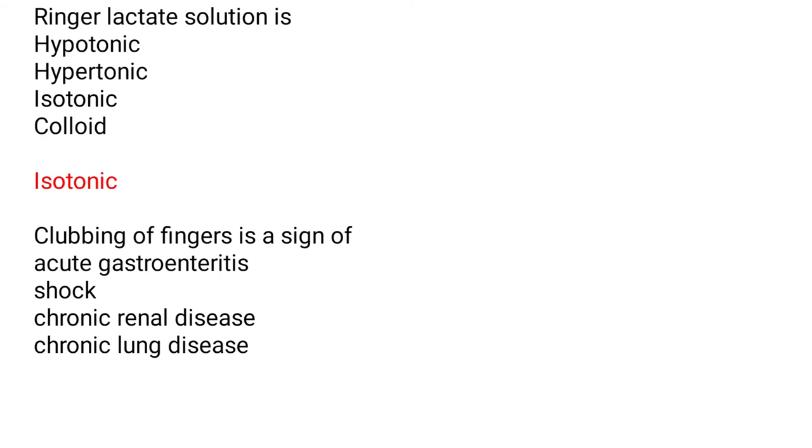And the answer is isotonic. Next, clubbing of fingers is a sign of, options: acute gastroenteritis, shock, chronic renal disease, chronic lung disease. And the answer is chronic lung disease.